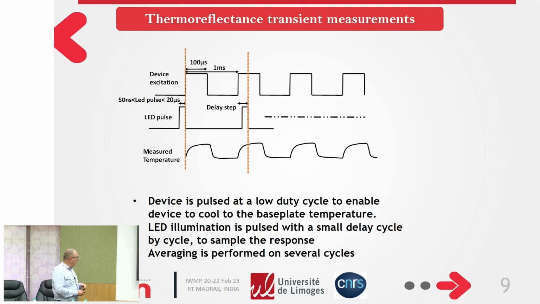This measurement is performed on several cycles in order to average the value of the temperature. And the precision for this measurement for gold metal is 0.5 degree.